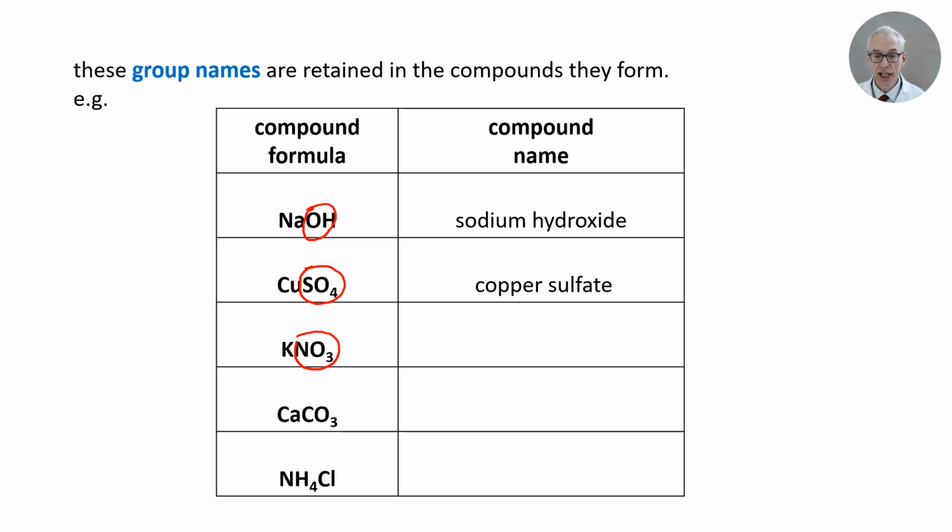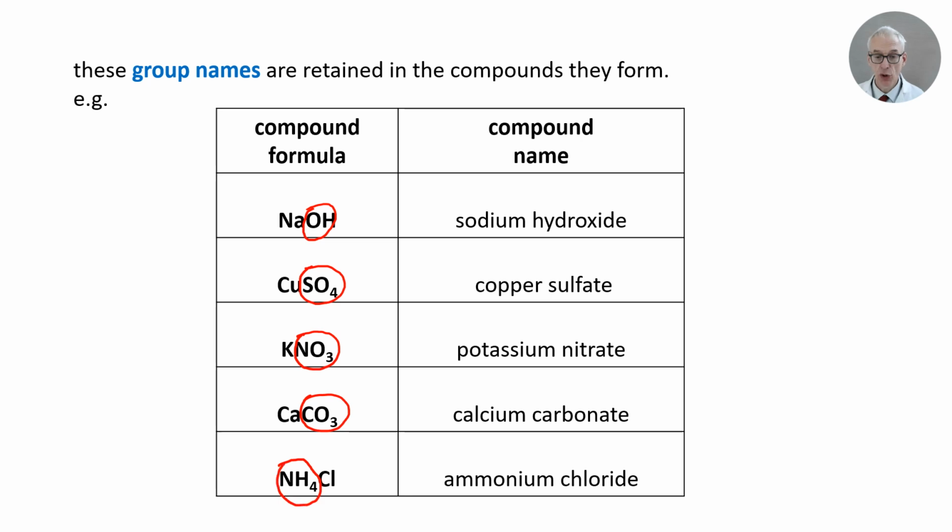KNO3 contains the NO3 group, so that is potassium nitrate. Calcium carbonate contains the CO3 carbonate group, and ammonium chloride, because the NH4 group there is to be recognized. So OH is hydroxide. SO4 in a compound is named as sulfate.